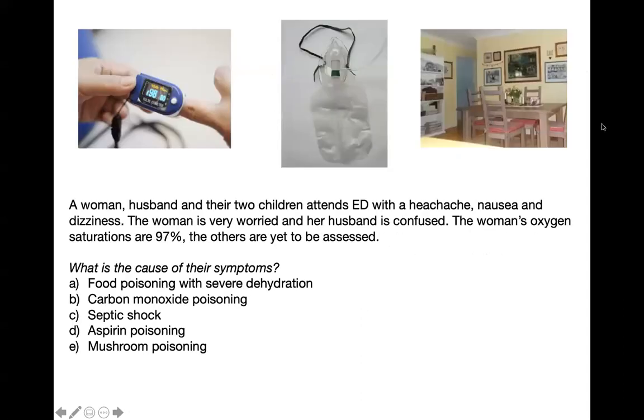Okay, so then moving on from type 1 and type 2 respiratory failure, I'm just going to chuck this in, even though it doesn't come up as often in real life. It is a classic SPA. Let's just get the poll.